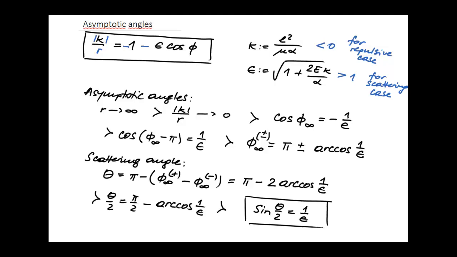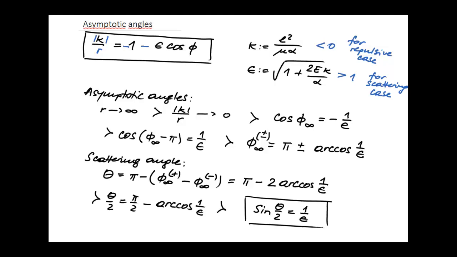So what we've achieved up to this point is that we have a formula for the scattering angle in terms of this parameter epsilon. That's not yet what we need, because in order to calculate the differential cross-section, we need theta as a function of impact parameter.